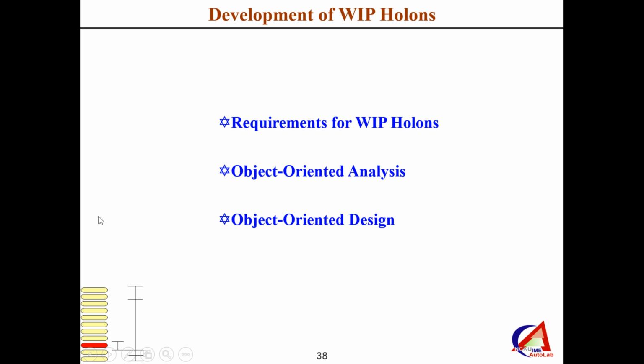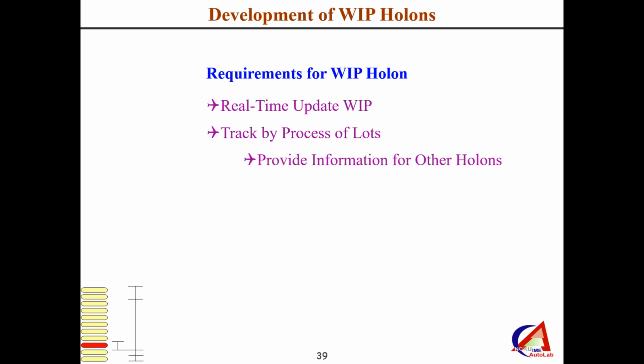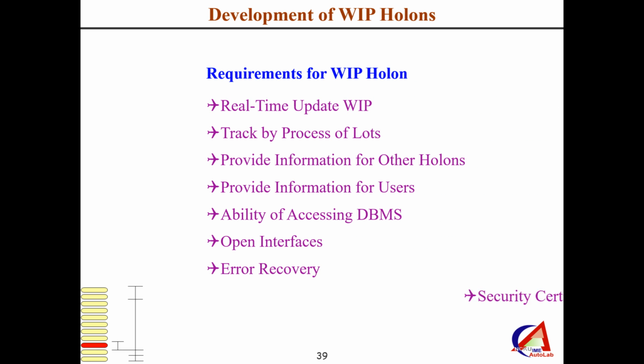Then we will do the OOA and OOD. These are the specific functions, or I should say all the requirements, of the WIP holon. So it's real-time update and tracking by process and providing information for users. Then we have the ability to access database and open interface, error recovery, and security certificate.